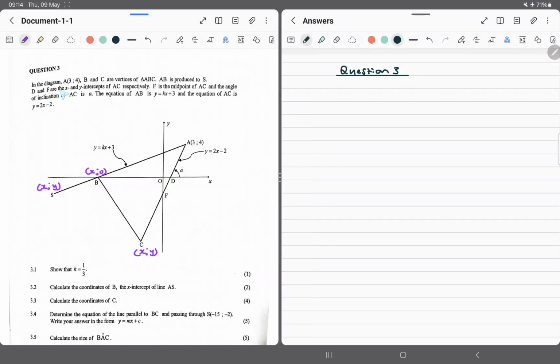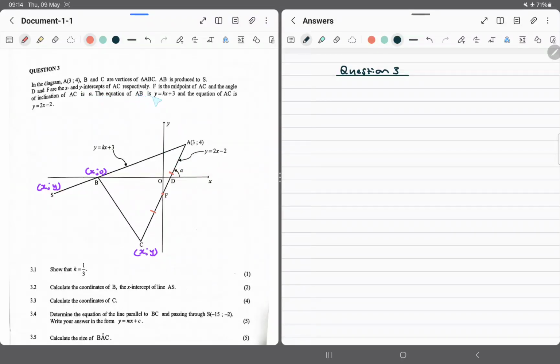Now D and F are the x and y intercepts of AC respectively. F is the midpoint. If F is the midpoint, it means this line is equal to that line about this point F. And the angle of inclination of AC is alpha, so it's indicated.